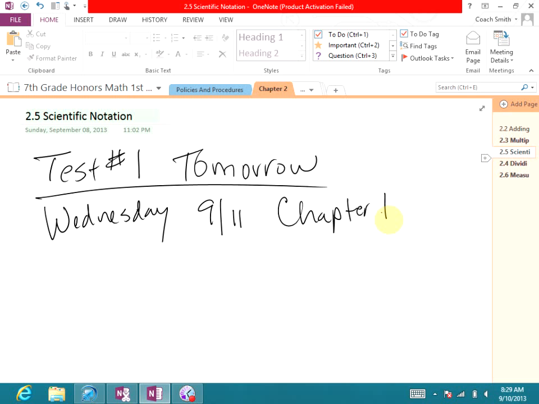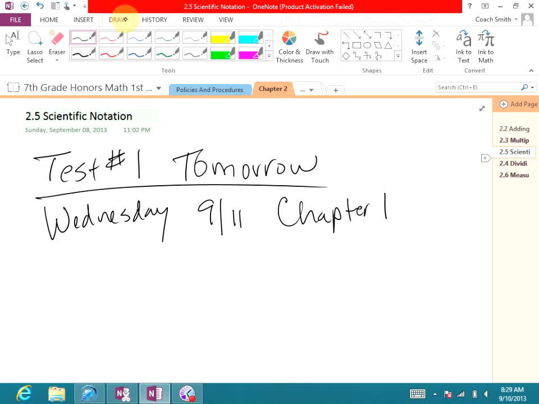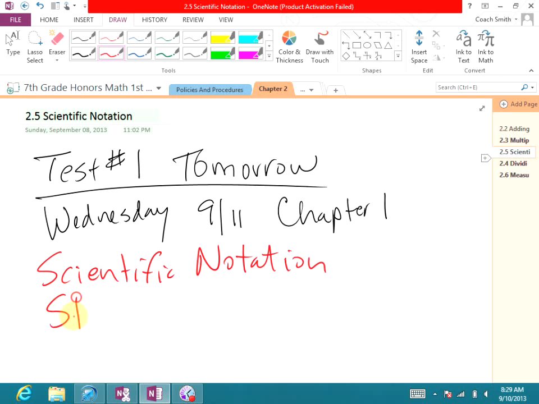Now, what we're going to talk about today is scientific notation. That's 2.5, and basically there's two things we need to understand today: scientific notation and standard form.